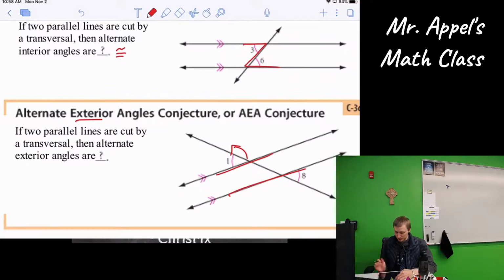They're on the exterior. How do they compare? Also congruent. Absolutely.